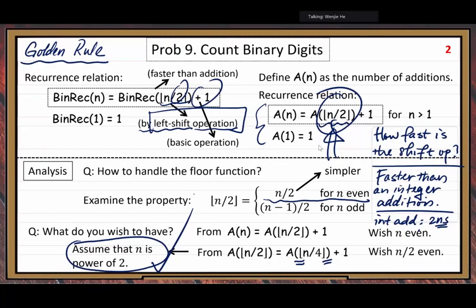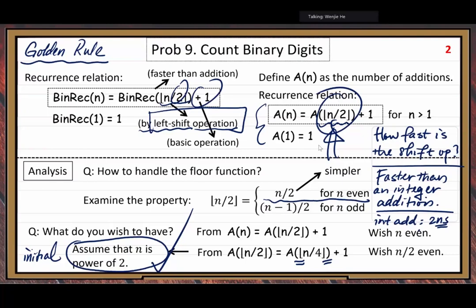It's okay because this is only our initial step. In our initial step, we want to work on the best case scenario. This is the best case scenario.